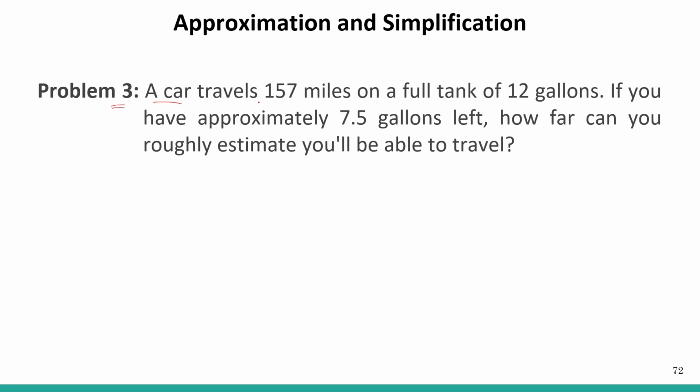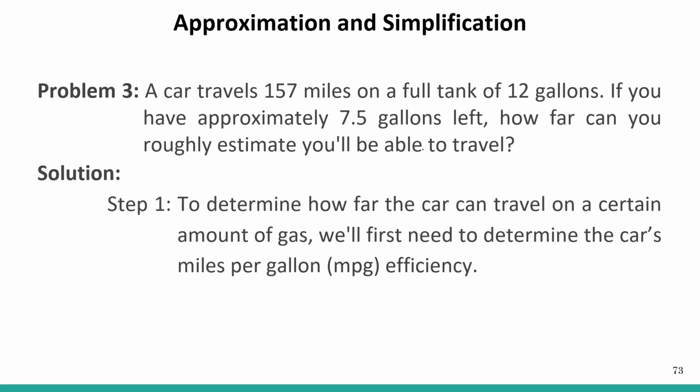A car travels 157 miles on a full tank of 12 gallons. If you have approximately 7.5 gallons left, then how far can you roughly estimate you will be able to travel? To determine how far the car can travel on a certain amount of gas, we'll first need to determine the car's miles per gallon efficiency.